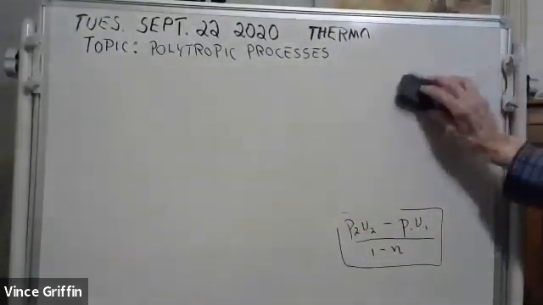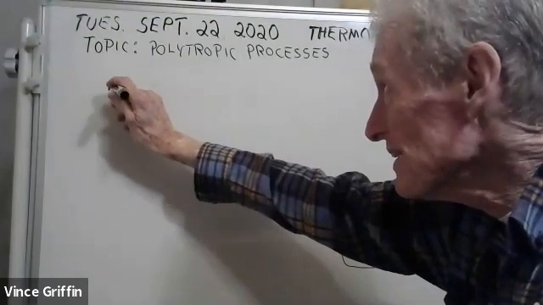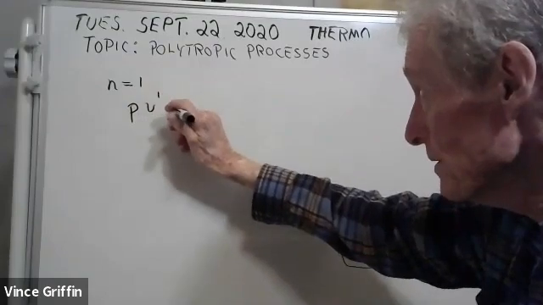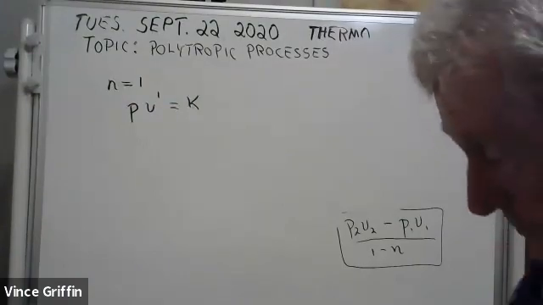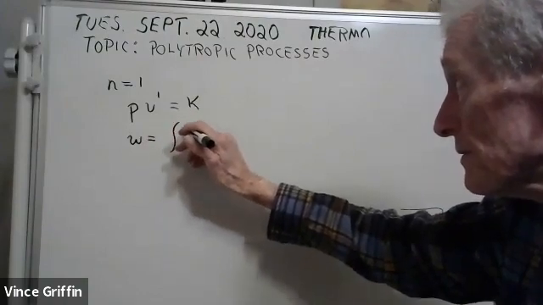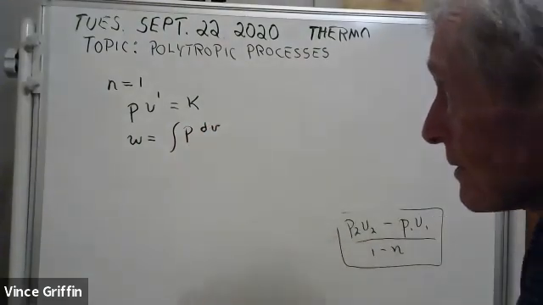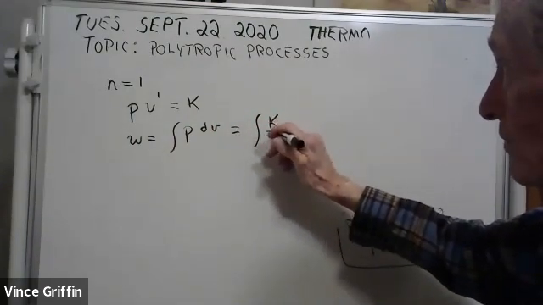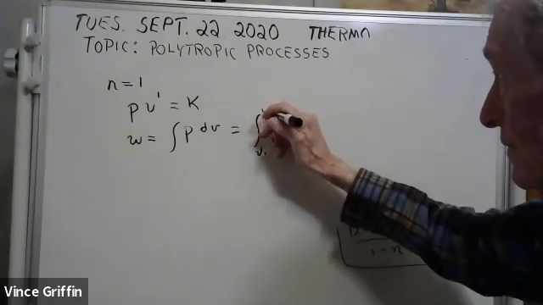Now what happens if n equals 1? Well, you still have this polytropic condition. It's just that the polytropic constant is 1. And so the work per mass will be the integral of P dV, but you could write P as K over V, dV, from V1 to V2.